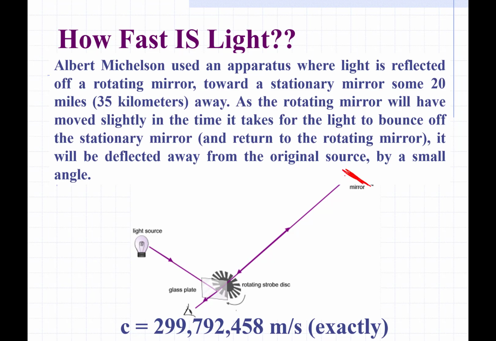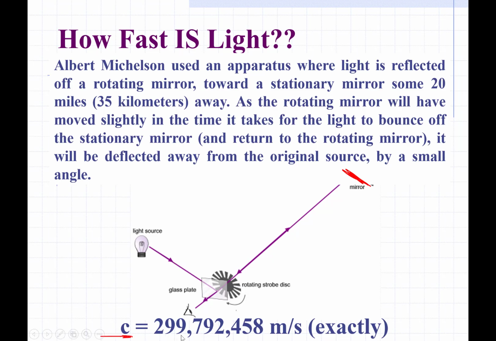That light reflects back, but when it hits the strobe disk, because the disk is rotating, it's going to reflect back at a slightly different angle. And you can manipulate that angle difference to calculate how fast that light is moving, traveling here to here. And so we got a pretty accurate measurement of the speed of light then.